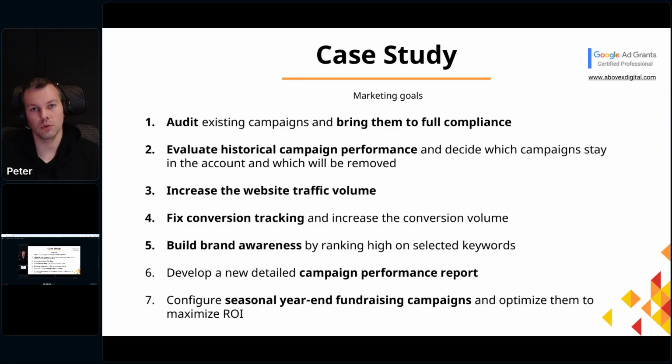We introduced Google Looker Studio interactive reports, which they didn't have before. And then the goal was to run an end of year fundraising campaign on all channels, including grant and commercial.